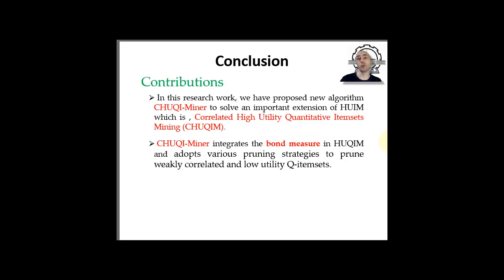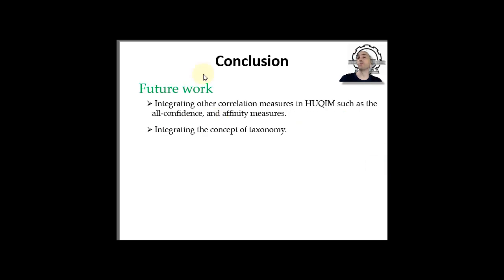So in conclusion, we presented a new algorithm called CHUQI-Miner to find the correlated high-utility quantitative item sets, a new topic. To use the correlation, to find the correlated item sets, we use the bond measure. There are many possibilities to extend this in future work.